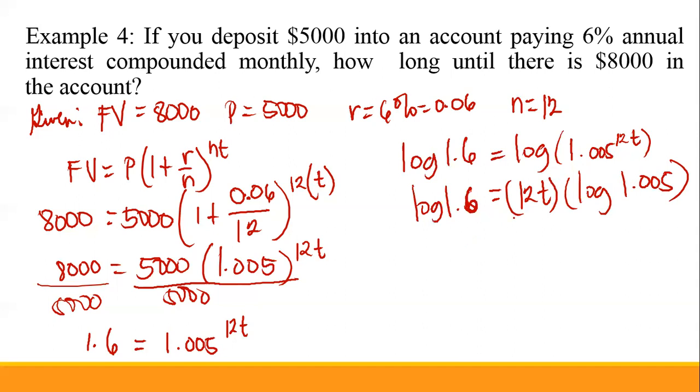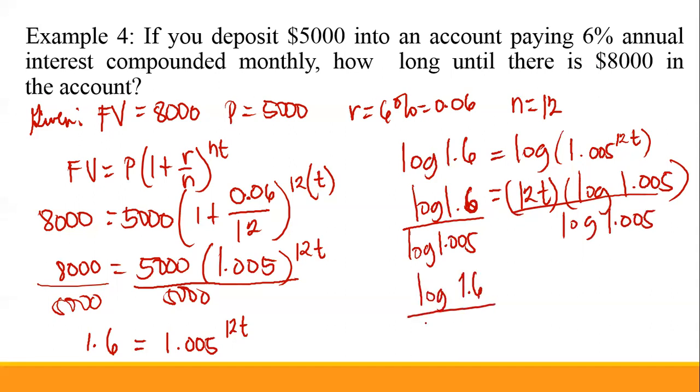And then, para matanggal natin ito, divide both sides. So, we have to divide both by logarithm of 1.005 dito rin sa kabila. Ayan, so this is logarithm of 1.6 over logarithm of 1.005, and this is equal to 12t.